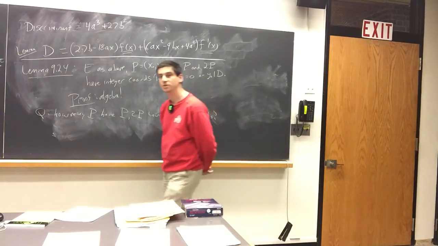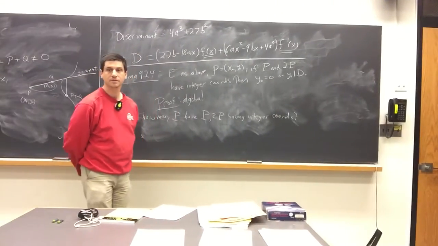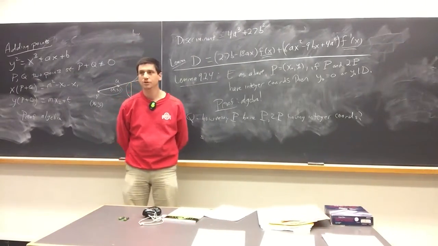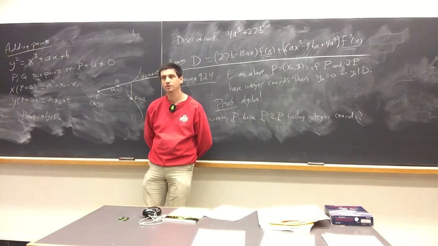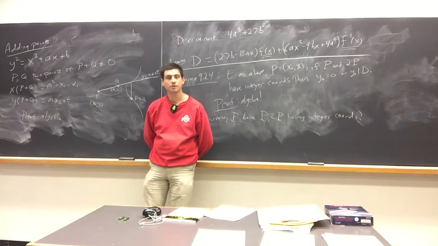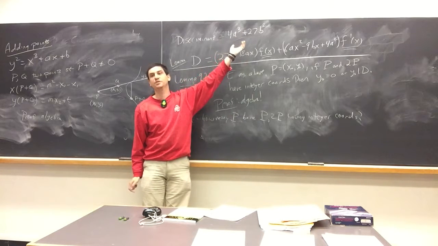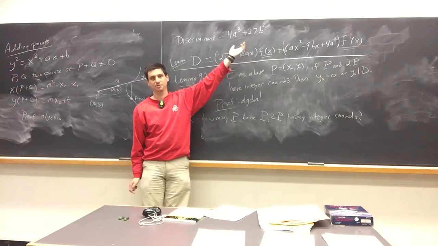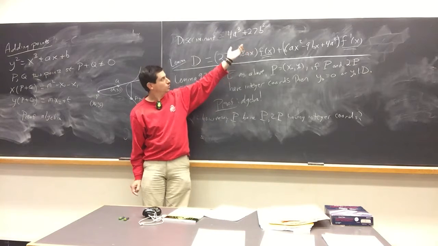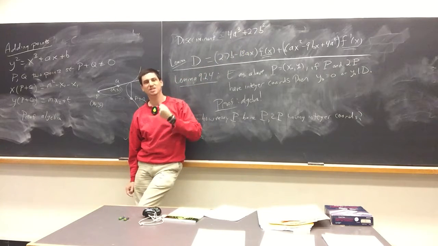What do we know about the discriminant d? Well, we're always assuming something about the discriminant of an elliptic curve. What are we assuming about it? It will be an integer, but it's not just that it's an integer.